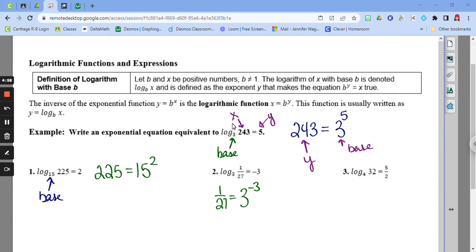So number 3, how do we start? 2 equals 4 to the 5/2. Again, easy to check in your calculator to see if you have that written correctly.